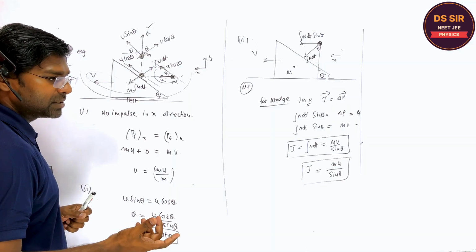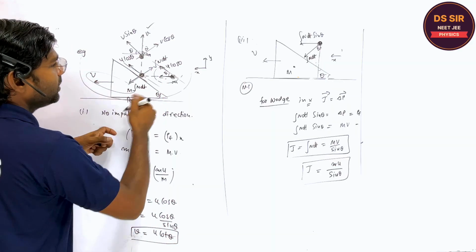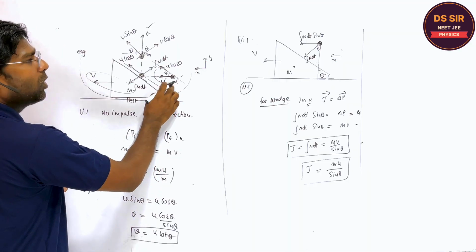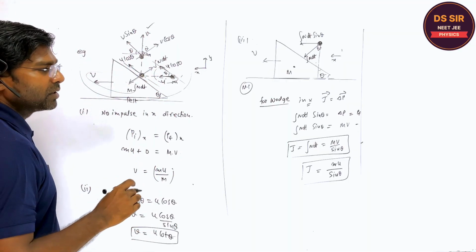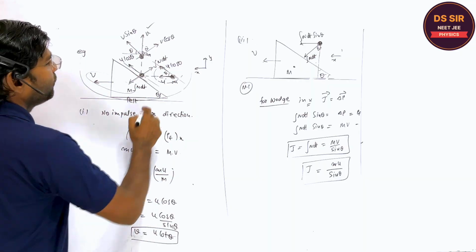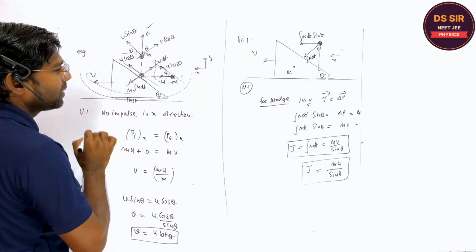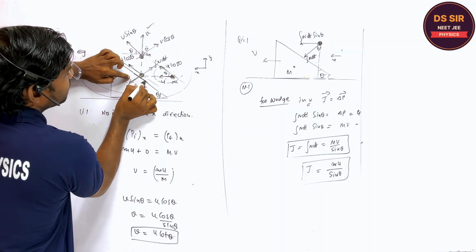Because of some impulse. Are you getting or not? Because of some impulse applied on this ball, that is why its momentum is changing. What is the impulse formula? The impulse definition is the change in momentum. But we have to apply the change in momentum along the common normal. Listen one thing.